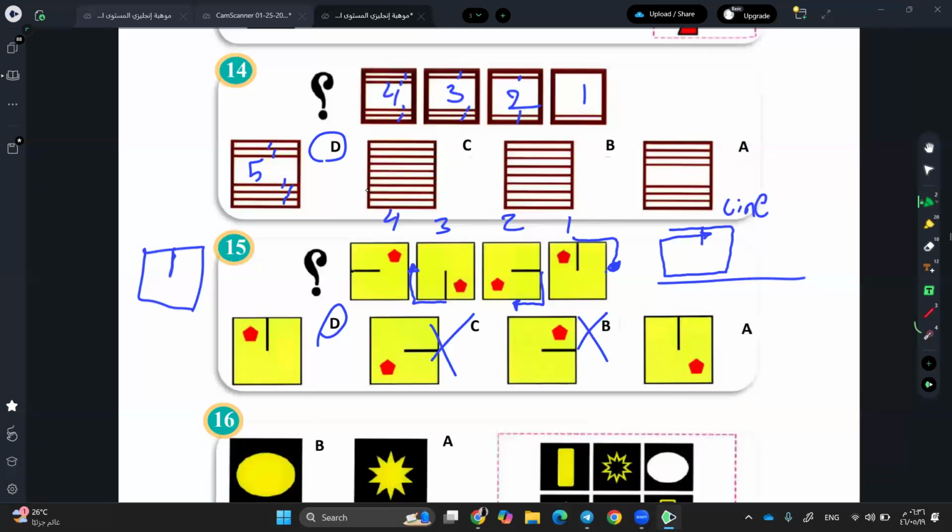For the pentagon. The pentagon here, you can see that it moved first, move down. Okay, so you can see here that on the left down, then move to right. So here right, then move up. So here's up, and then it's going to move what?